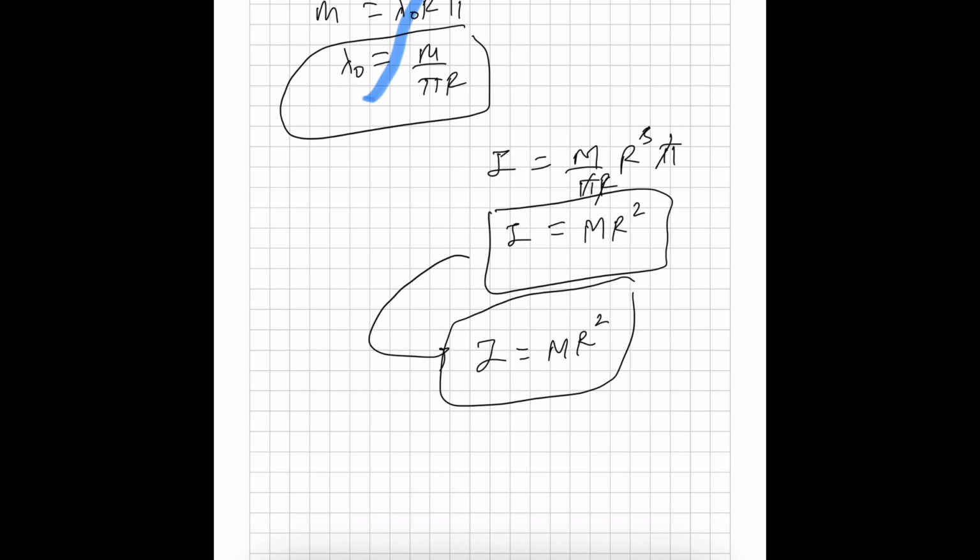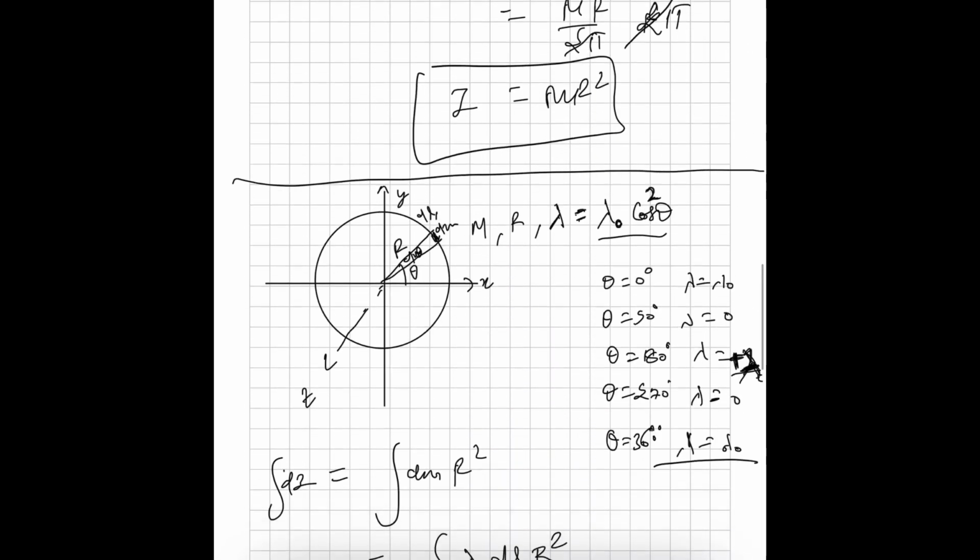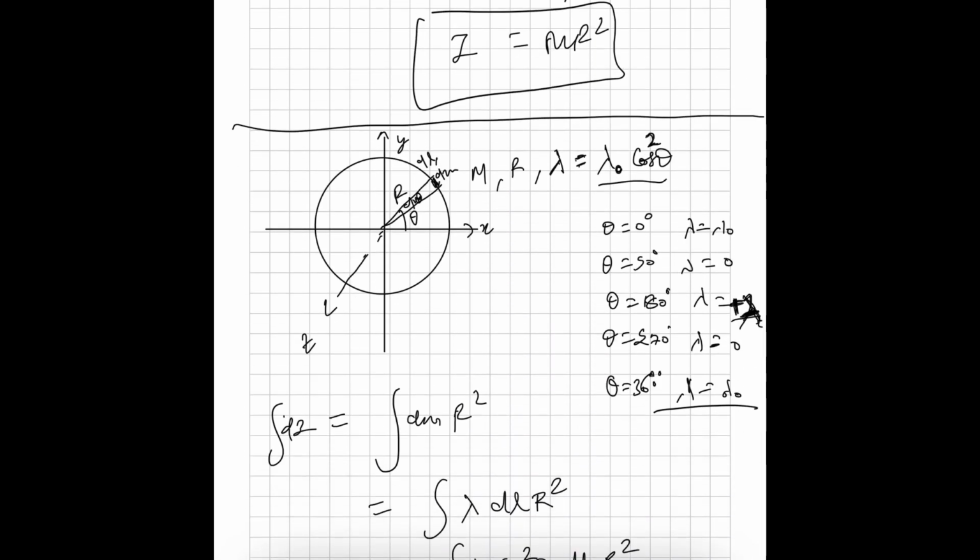And why is it happening? I have already given you insight about it. Even though the mass density is changing, it is biggest over here, then a little less over here, 0 over here, then it is again increasing over here, biggest over here, decreasing, hollow, then again increasing, and the pattern repeats.